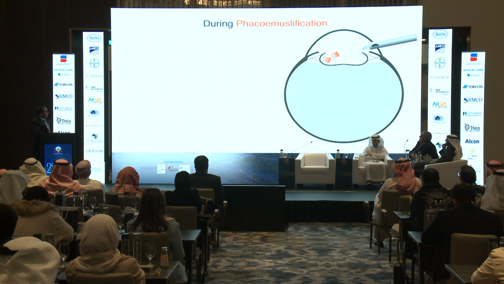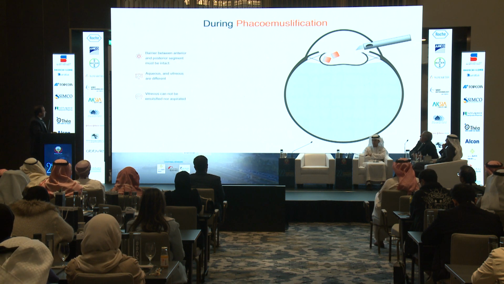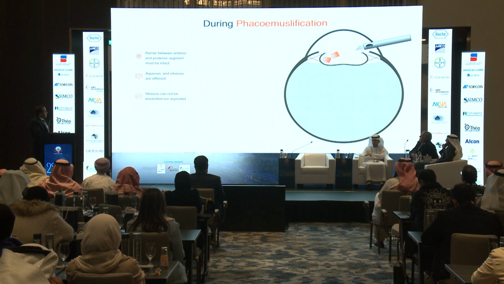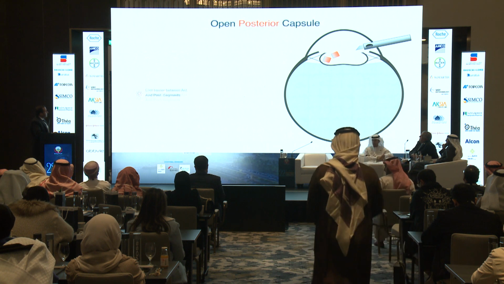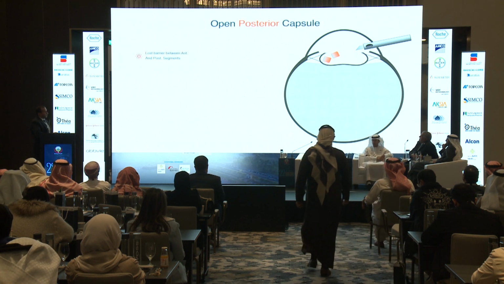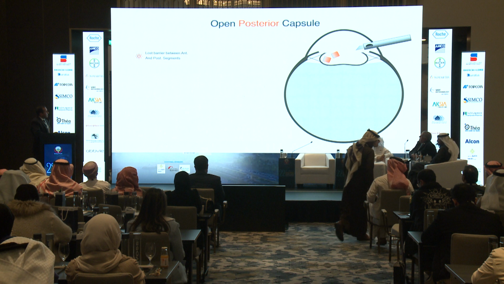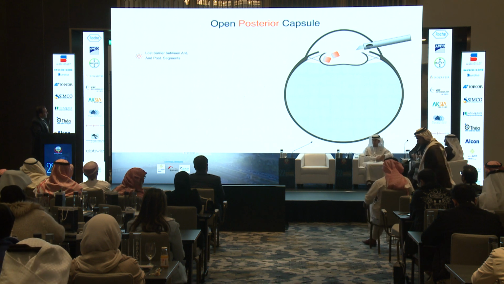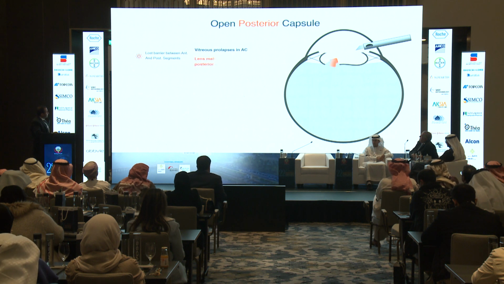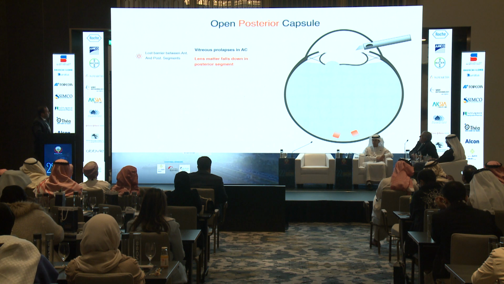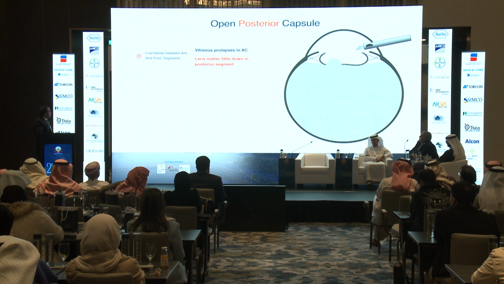during phacoemulsification you should keep the barrier intact between the anterior and posterior segment. In case of an open posterior capsule, where the barrier between the anterior and posterior segments of the eye is lost, you will get vitreous prolapse inside the anterior chamber, and you may end with some lens matter falling down into the posterior segment, which complicates your surgery.